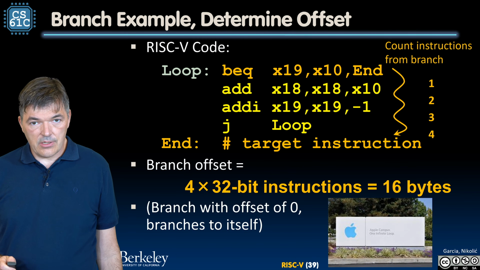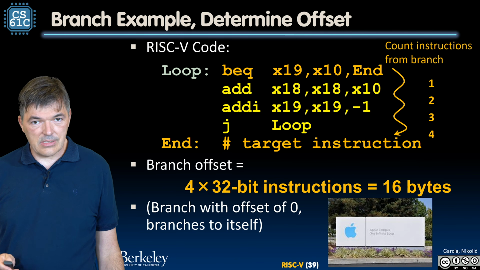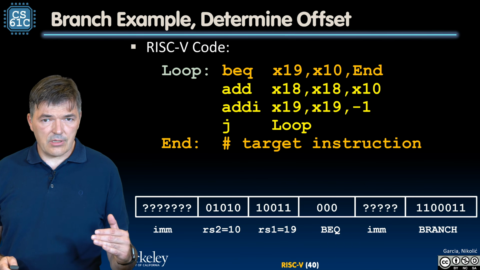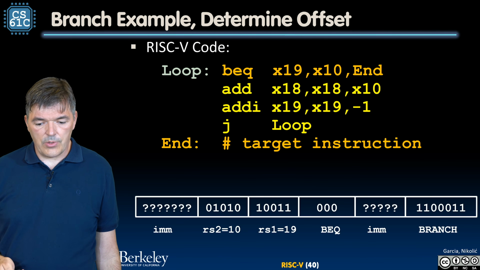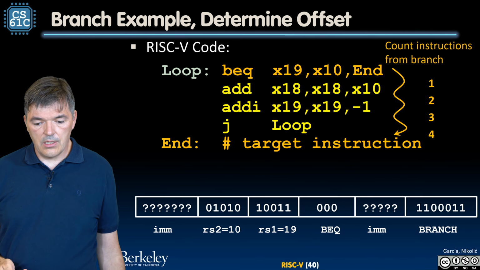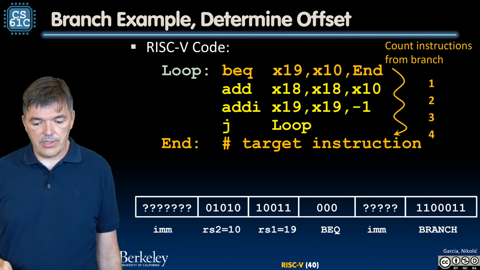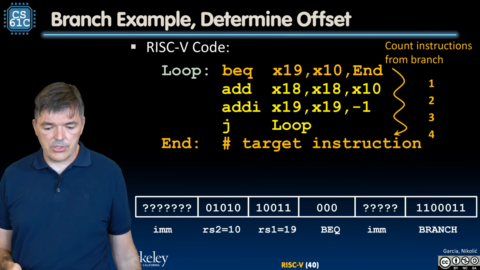Okay, so the offset here is 16 bytes, and let's see how we should represent that. Let's make a first pass at this instruction encoding. We have our instruction, and it is supposed to branch forward by 4 instructions. And we're going to determine this number at compilation time.